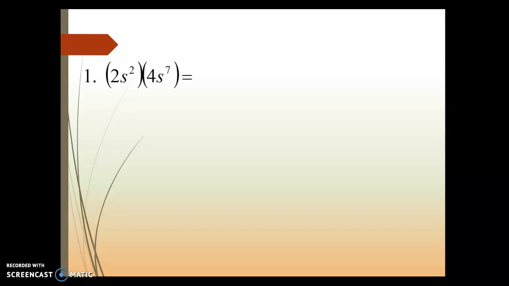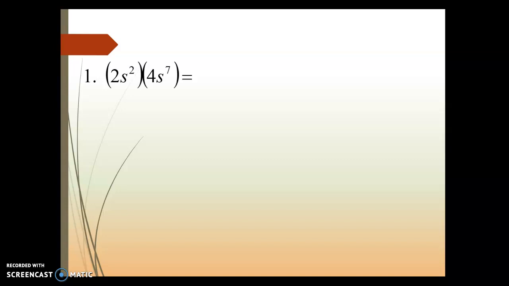So, it's 2s squared times 4s raised to 7. If you have noticed, the operation used is what? Multiplication. So basically, what rule applies here? Okay, correct.